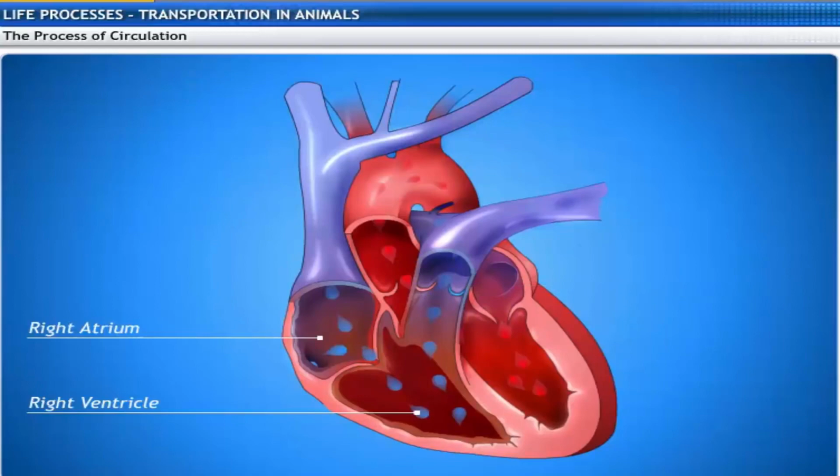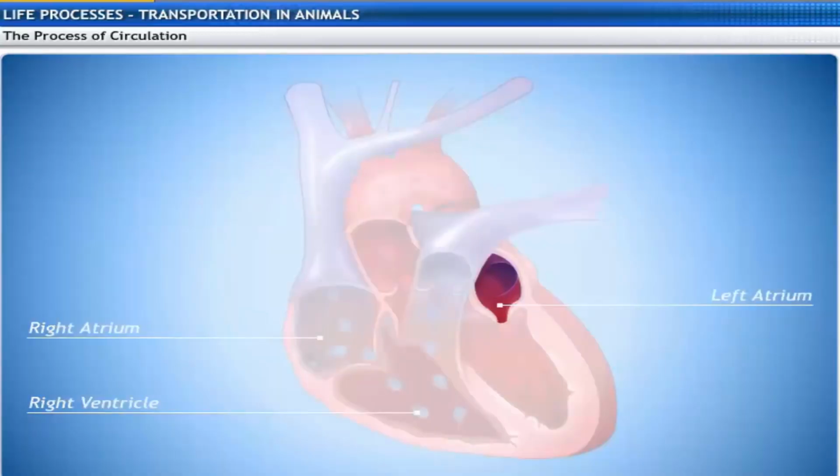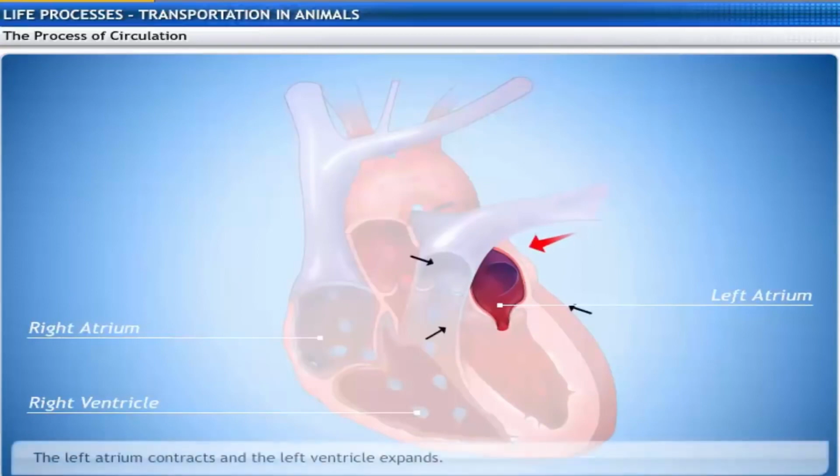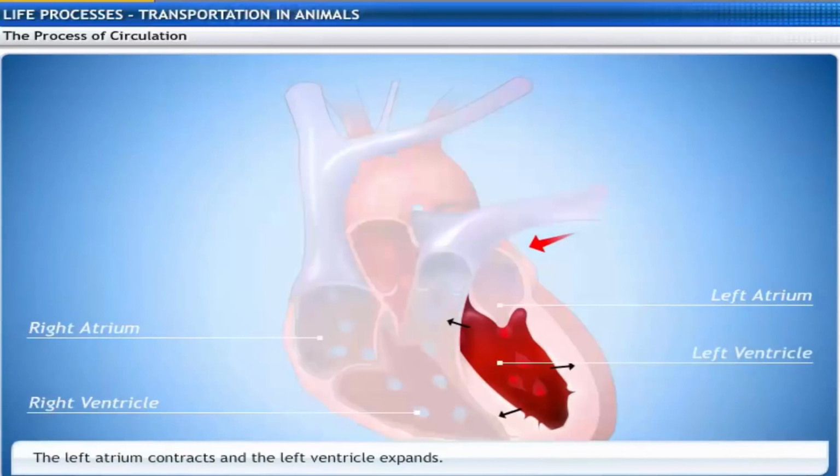Blood is oxygenated in the lungs and is carried back into the left atrium of the heart. The left atrium relaxes when it is collecting the blood from the lungs. It then contracts while the left ventricle expands so that the blood is transferred to it.